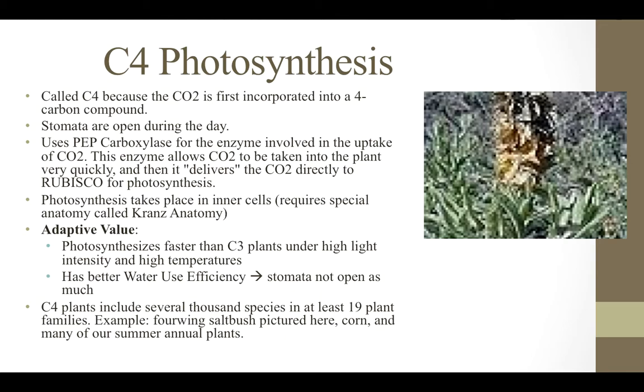C4 plants include several thousand species in at least 19 plant families. Examples are the four-winged saltbush pictured here, corn, and many summer annual plants, so plants that bloom in the summer.